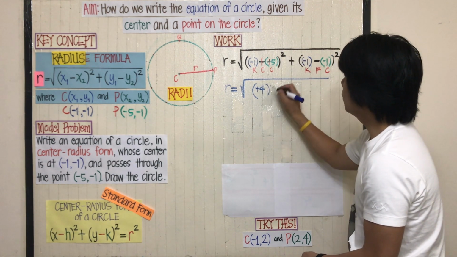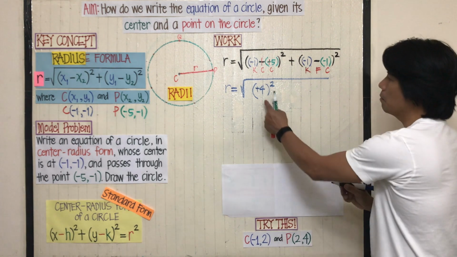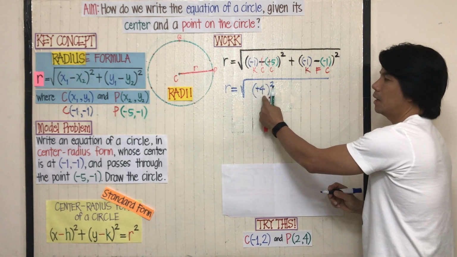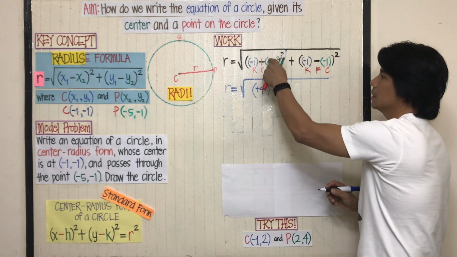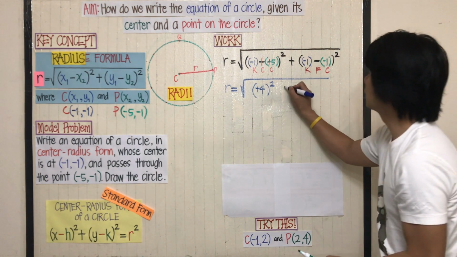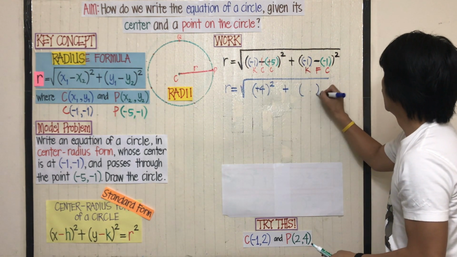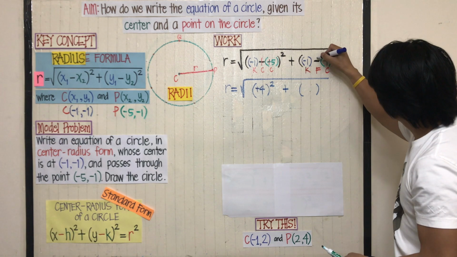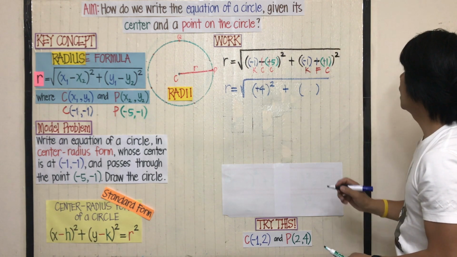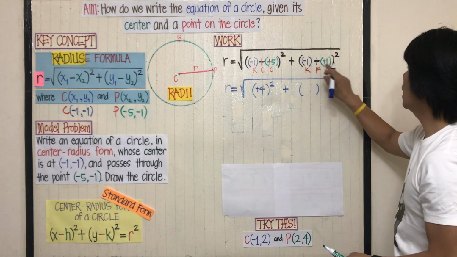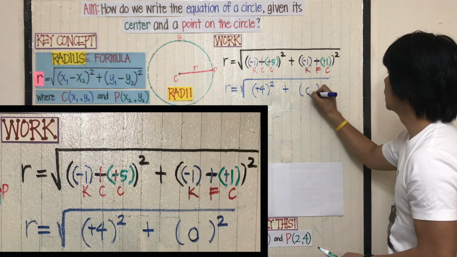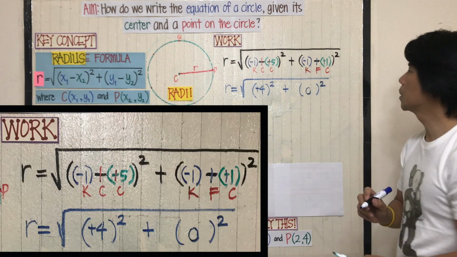Now, it's not always positive, guys. So it's very important you put parentheses around the answer to this. Alright, plus -1, keep change, that becomes -1 plus +1, which is 0, and then square.